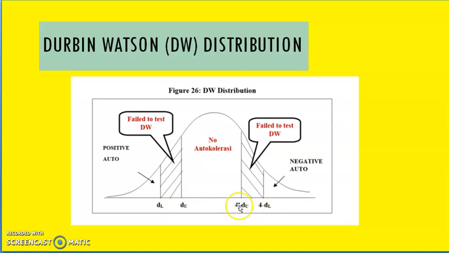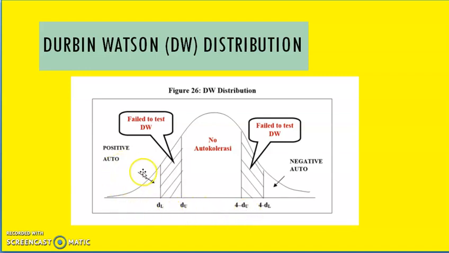Okay, can we change 4 to 3 or 4 to 2? No, the 4 is a constant. You cannot change the number 4 because 4 is part of the formula. So maintain 4 in every case of autocorrelation when you deal with Durbin-Watson.